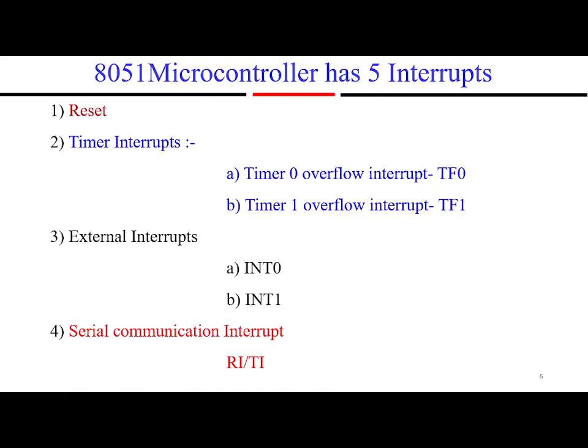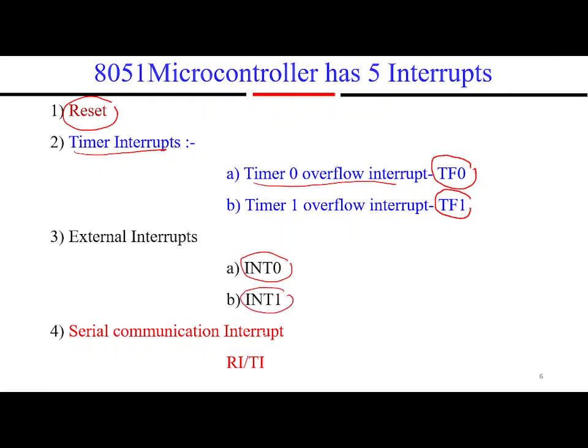There are five types of interrupts in 8051. The first one is the reset interrupt, which is unavoidable. Second is the timer interrupt. It has the timer 0 overflow interrupt denoted as TF0 and the timer 1 overflow interrupt denoted as TF1. It has external interrupts, that is INT0 and INT1.